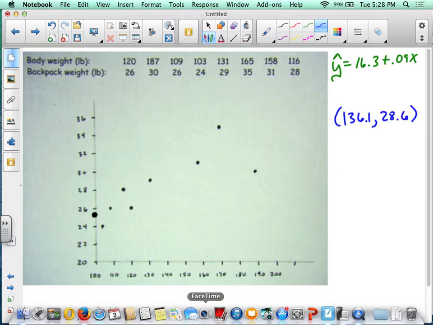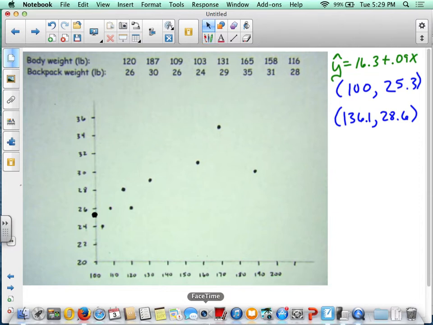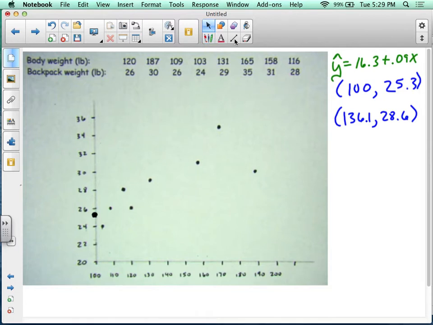My y-intercept was 100, 25.3. So I'm going to use these 2 coordinate points to create my LSRL. So I'm going to use this feature here. So 28.6 is going to be about right here.